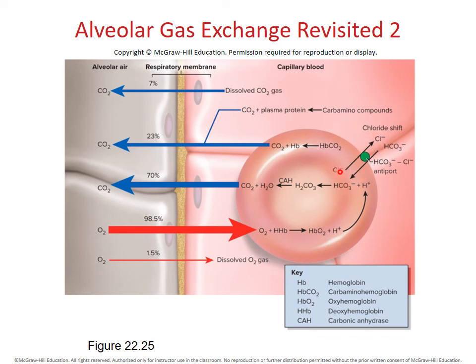So now I start getting high levels of bicarbonate and hydrogen ions present from these two reversals of these processes. And that high concentration of these things starts to drive the reaction back in the opposite direction.